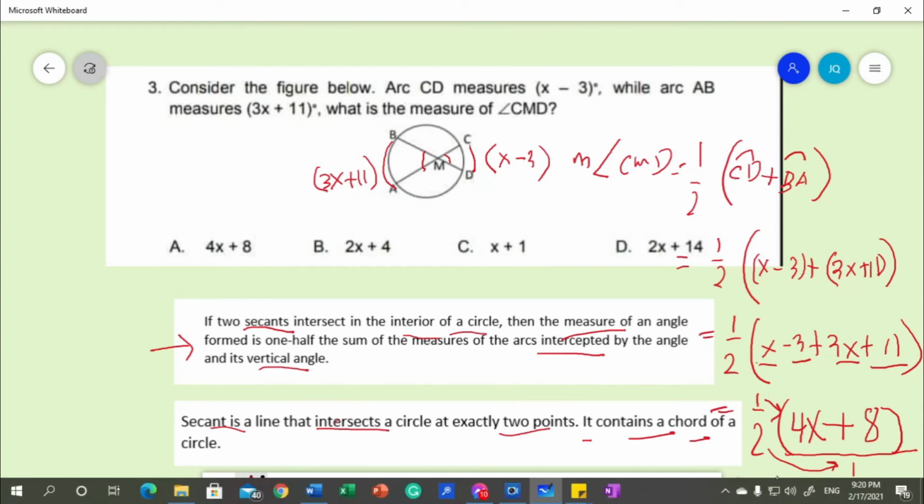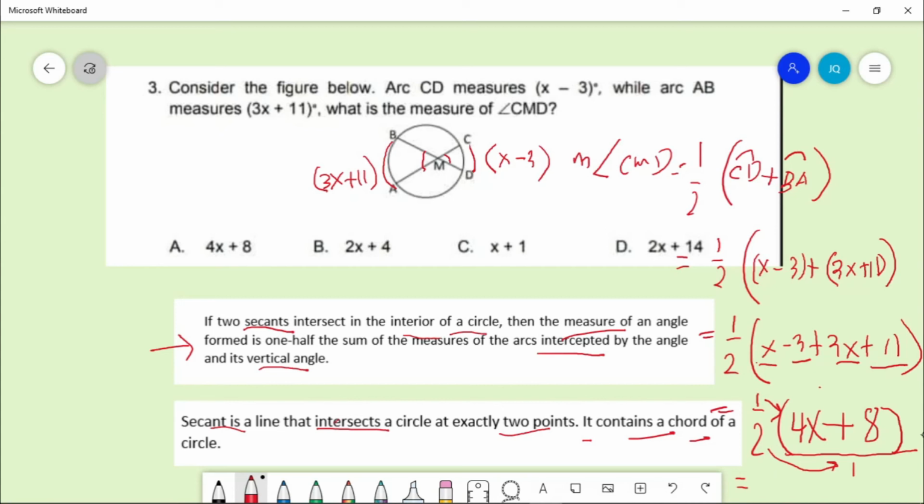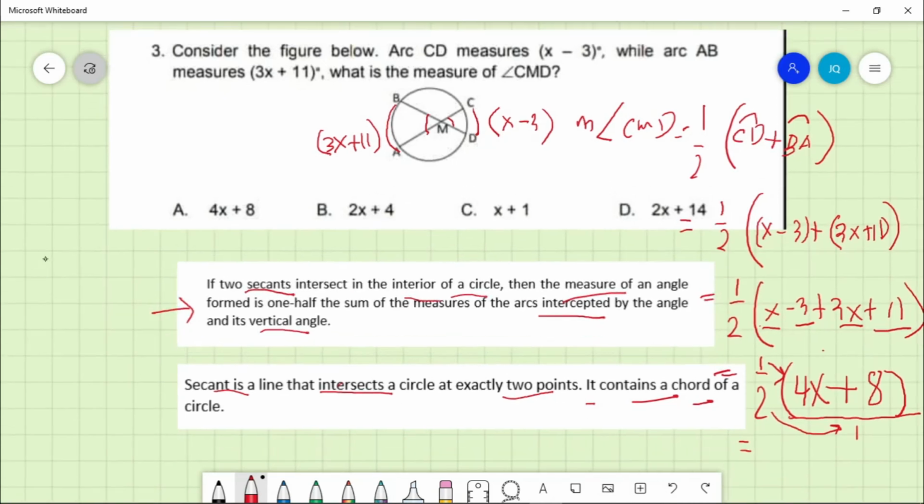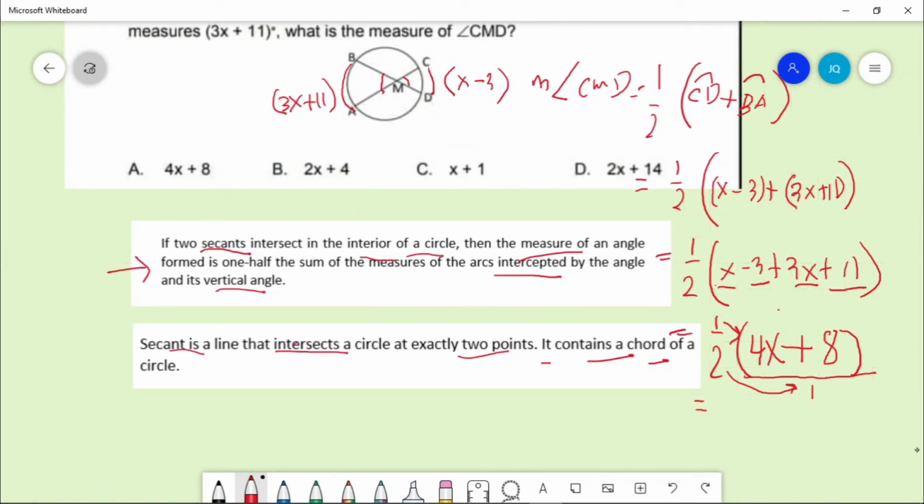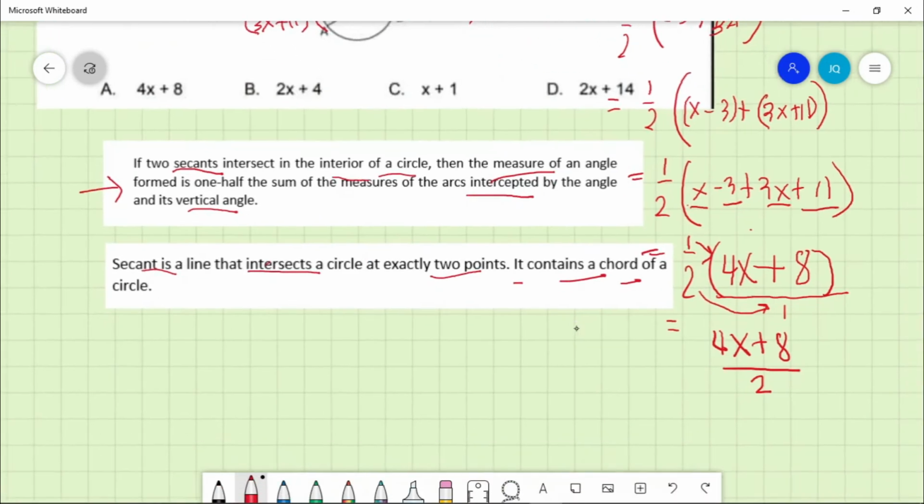Any number or value multiplied by 1 is just itself. So 1 times the quantity of 4x plus 8 is 4x plus 8 over 2, and 2 times 1 is 2. That's now the fraction form.